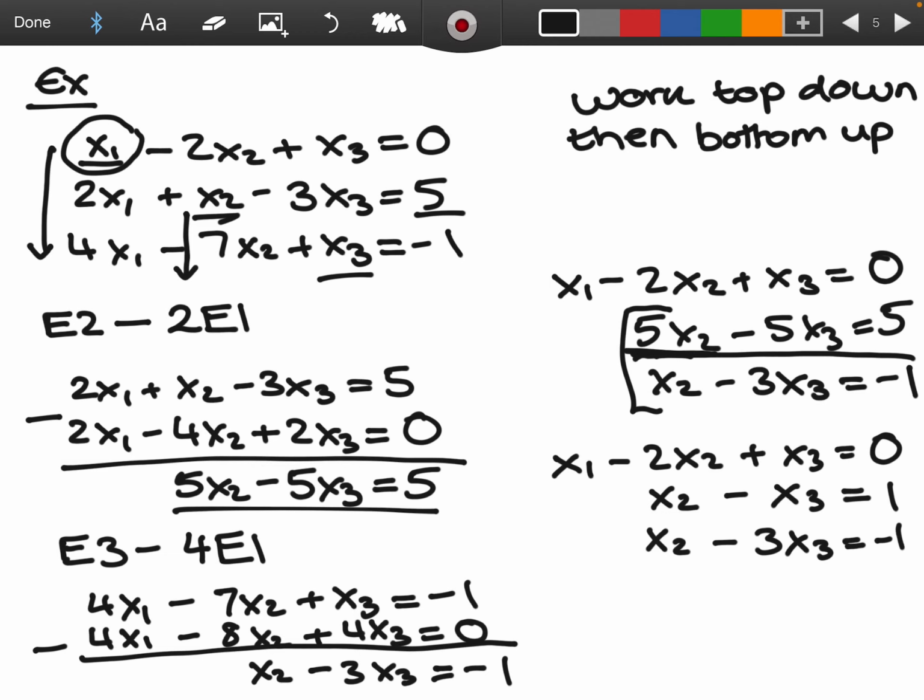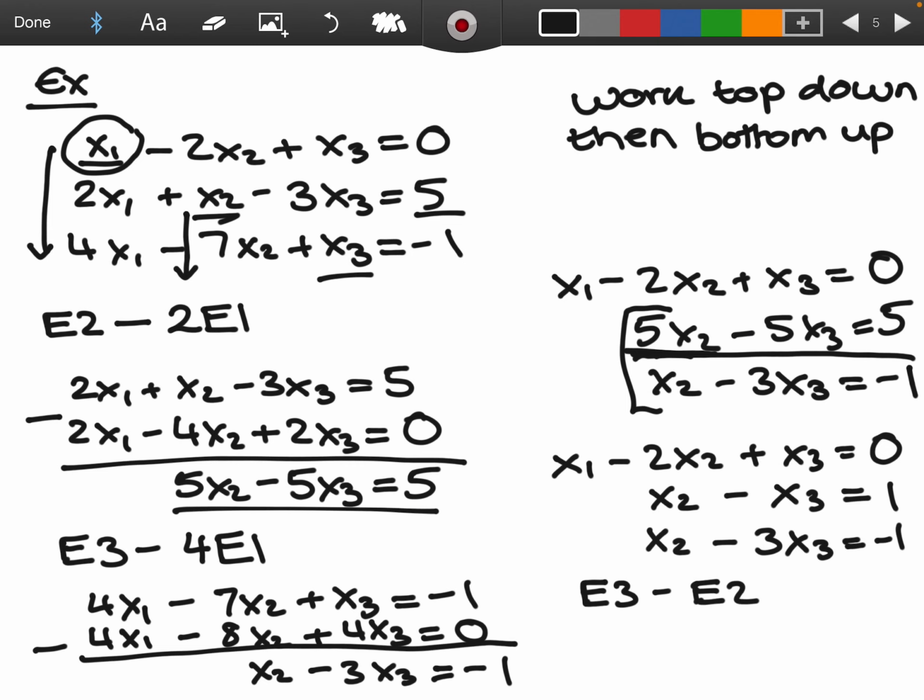Okay. Now I want to eliminate x2 from my third equation. If I want to do that, all I have to do is do my third equation minus my second equation, because then I'll get x2 minus x2, leaving me with no x2s. Then I'll get negative 3x3 minus negative x3, which is going to leave me with negative 2x3, and then negative 1 minus 1 is going to leave me with negative 2.